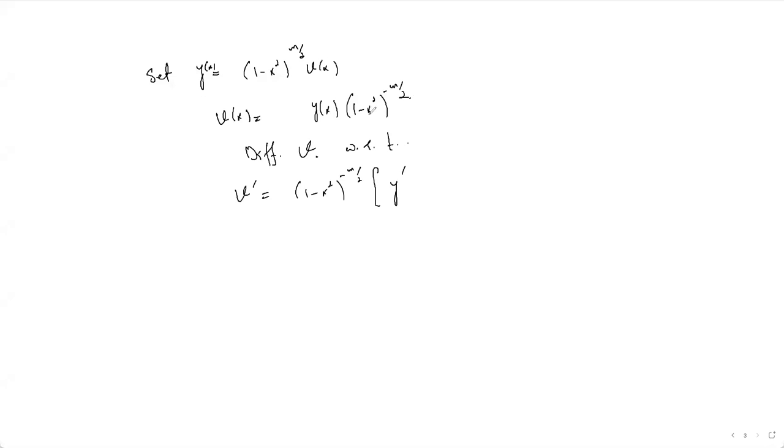In one term you get y prime, and this is a constant, so this term will remain as such, plus I write y as such and take the differentiation of this term, so it will be plus m x by (1 minus x squared) into y.